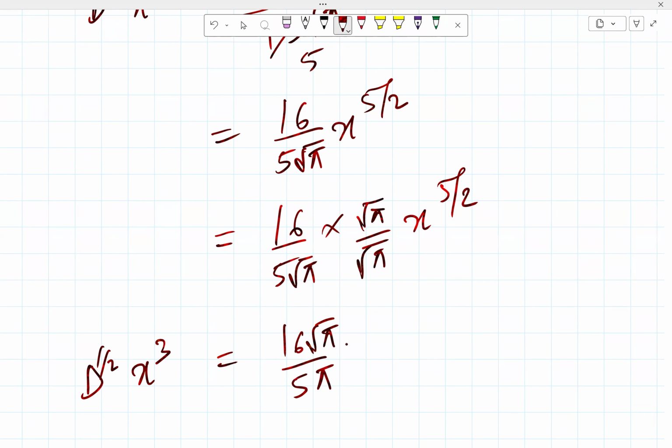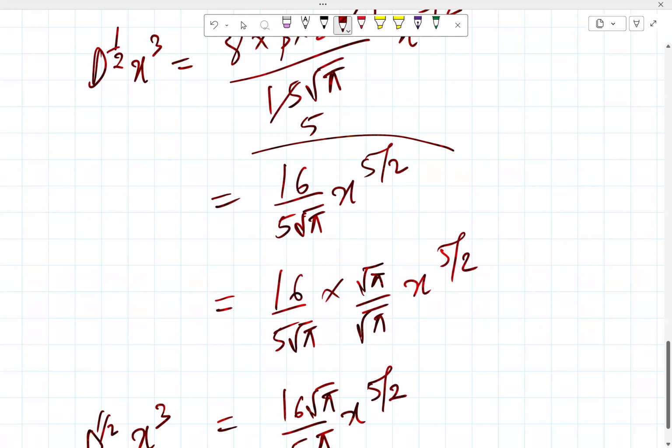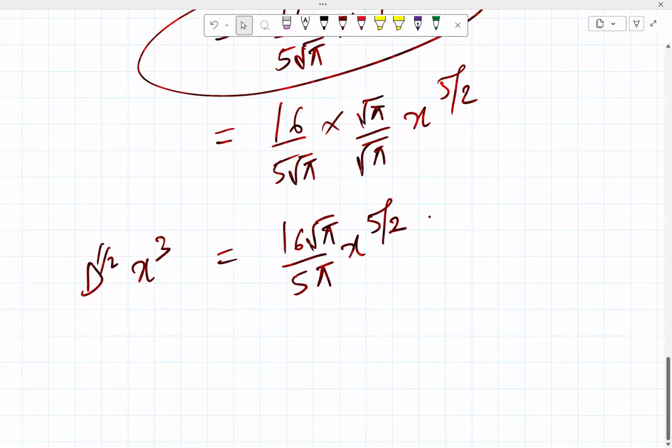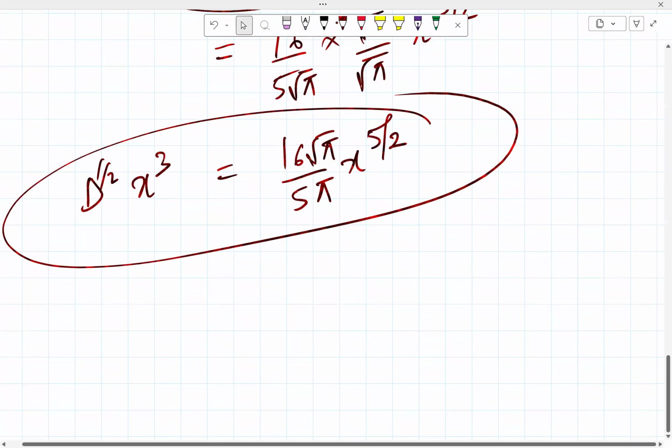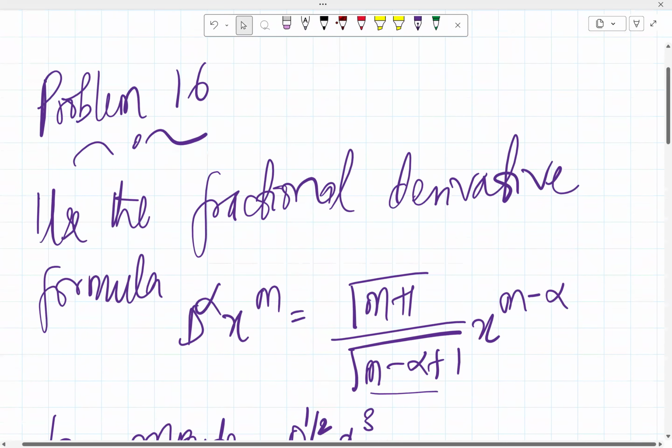Maybe not having too many pies is something some people may not like, but we can also have it like this. So this is good enough as an answer, right? But we could also go this way if necessary. So that's the result for problem 16.